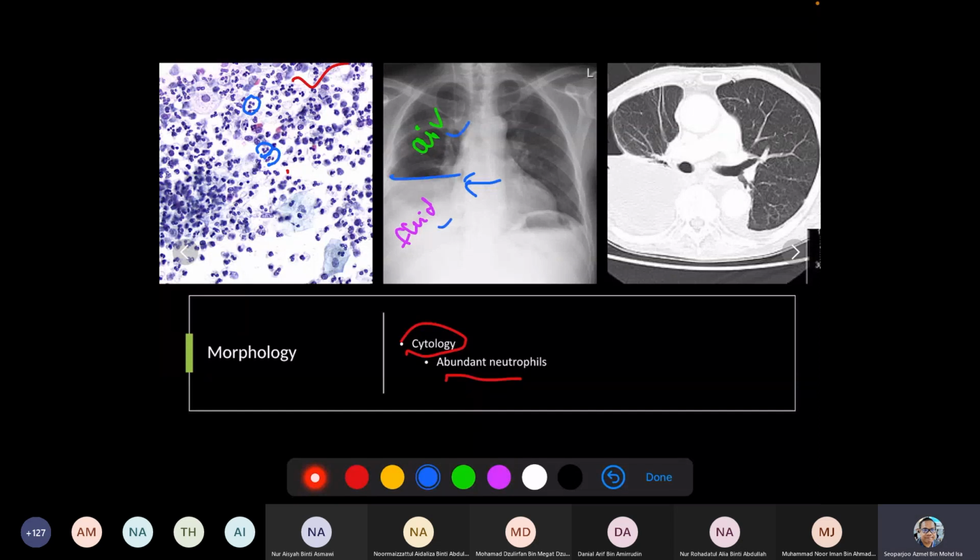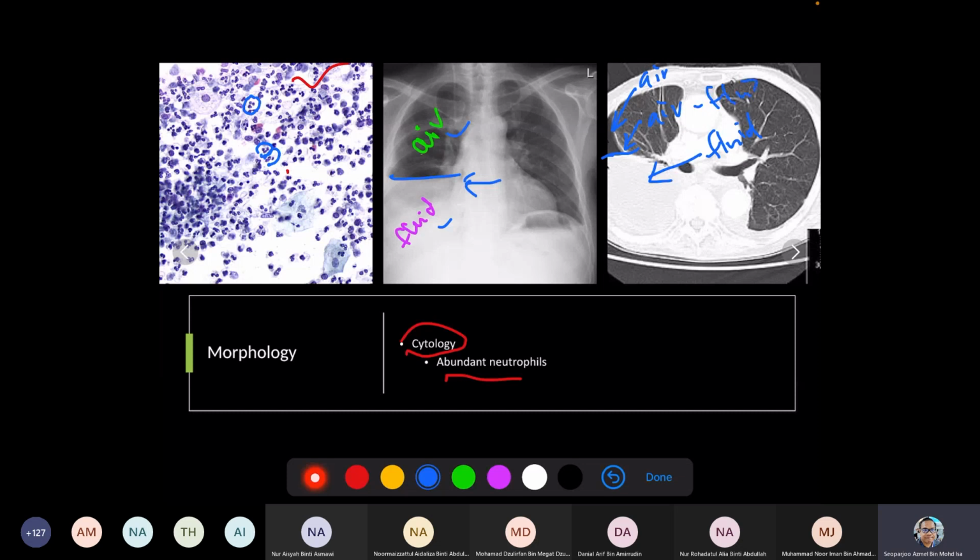You can see this if you do a radiograph, which is the X-ray, or if you do an MRI or CT scan. In this case it is here, a bit at the side. Above here is air, black in color. Fluid is down here, which is white in color. In between it is the air fluid level.